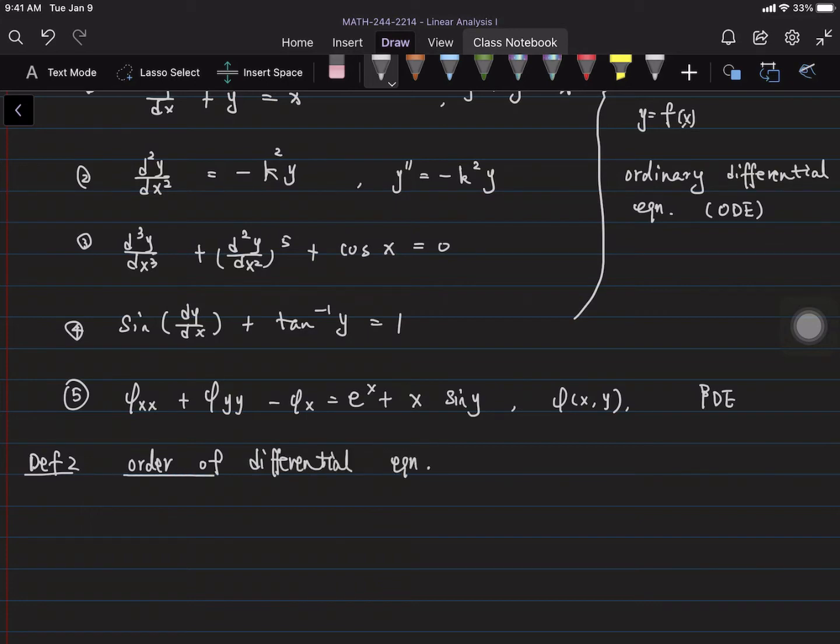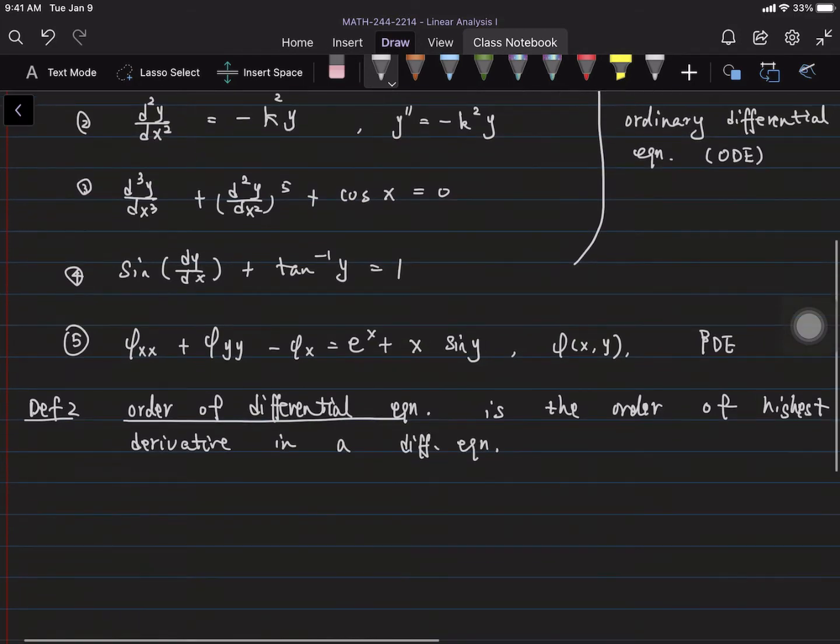The order of a differential equation is the order of the highest derivative in the differential equation.